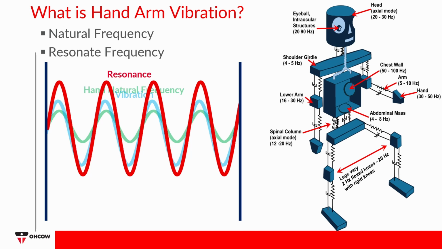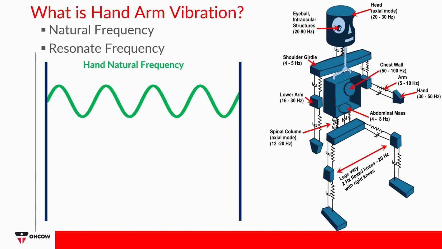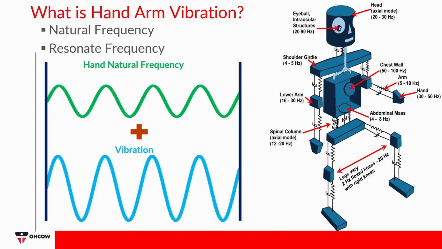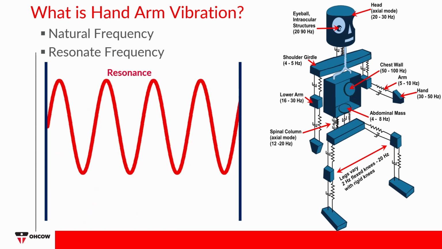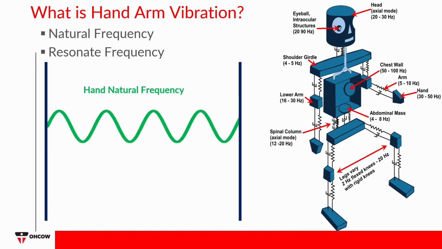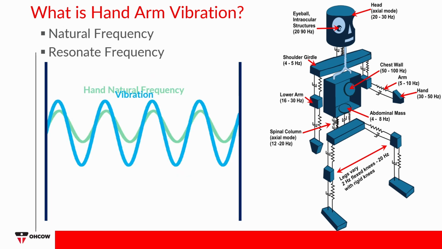This can result in high vibration levels, which is why it is critical to avoid operating machinery at speeds that correspond to structural or bodily natural frequencies. It is of paramount importance that a machine not be operated at a speed that corresponds to a natural frequency of the structure. Injury can occur at frequencies between 5 and 2000 Hz, but the greatest risk for fingers is between 50 and 300 Hz.